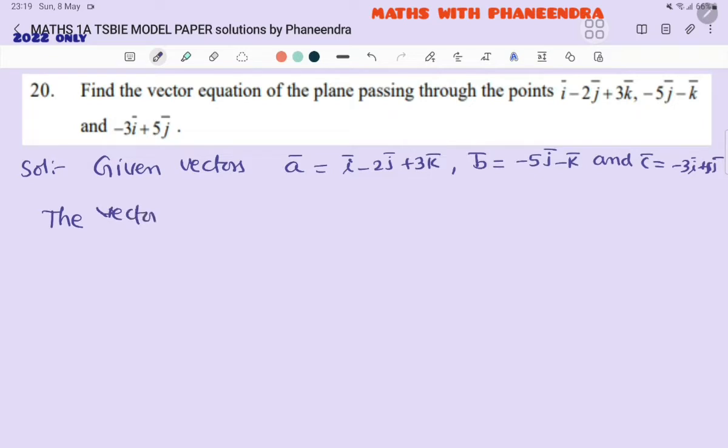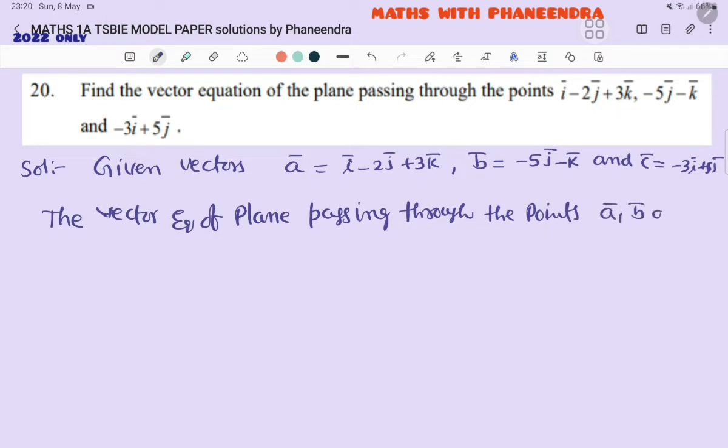The vector equation of plane passing through the points A bar, B bar and C bar is R bar equal to (1 minus S minus T) into A bar plus S B bar plus T C bar, where S, T belong to real numbers.